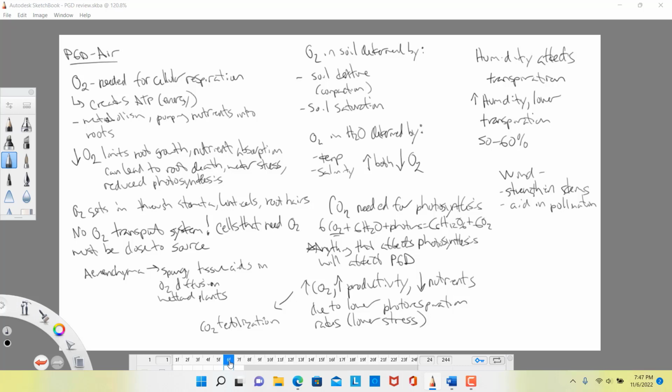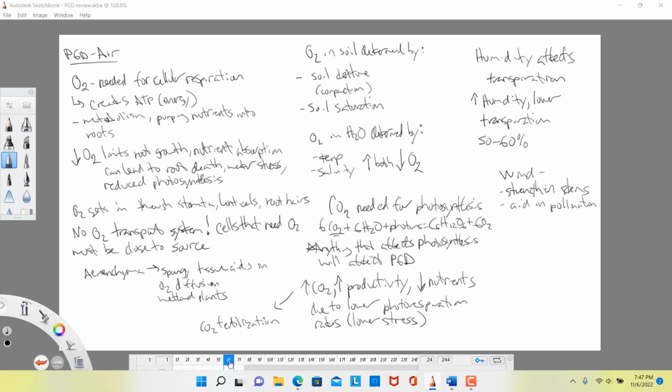Now, there are some adaptations that some of our plants have, particularly our wetland plants, and they have aerenchyma tissue. Again, aerenchyma is a type of parenchyma. Remember, our parenchyma tissue are all around cells, right? There's a variation of it called aerenchyma, which is very spongy. And that allows for easier diffusion of oxygen.